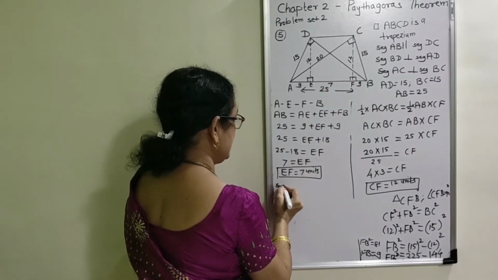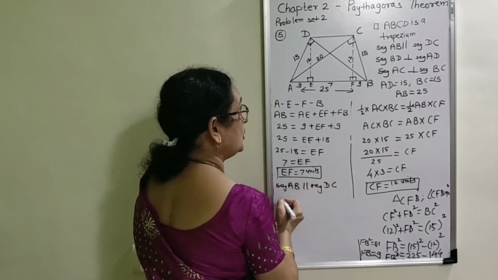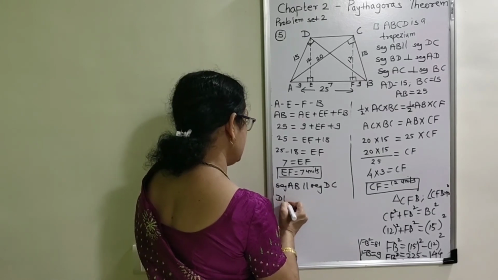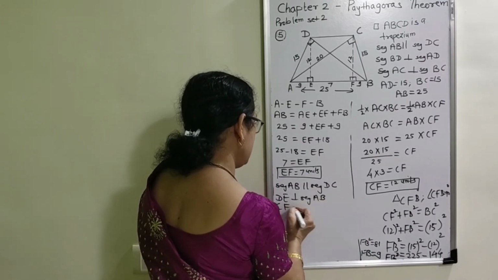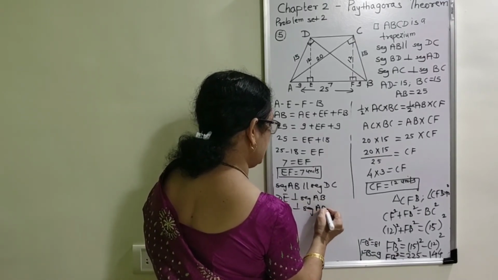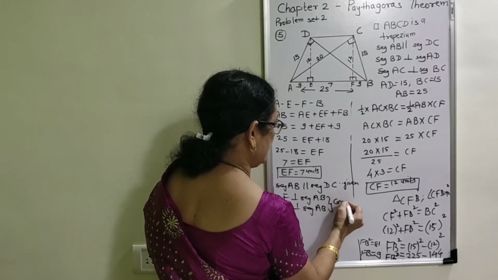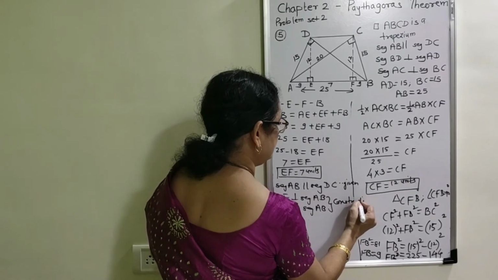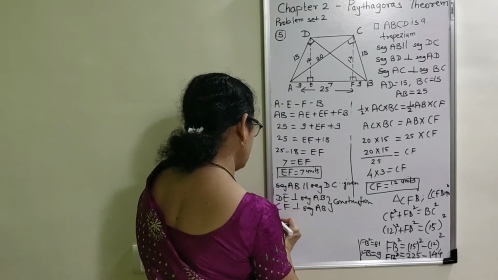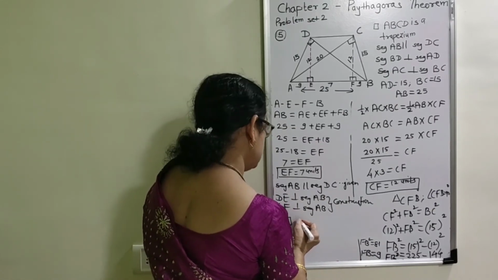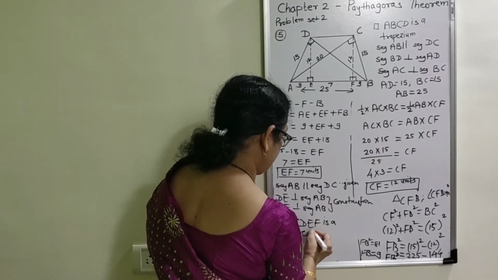Now segment AB is parallel to segment DC. Also DE is perpendicular on segment AB. CF is perpendicular on segment AB. This first one is given. Second two steps are with the help of construction. Now, therefore, quadrilateral CDEF is a rectangle.